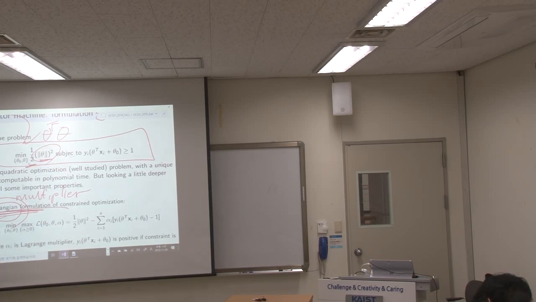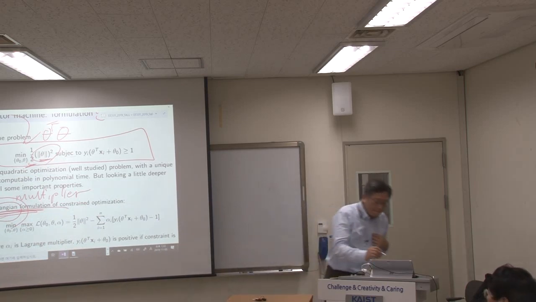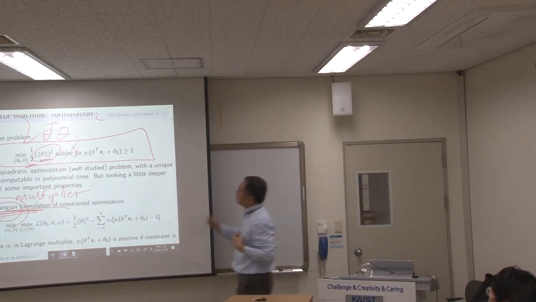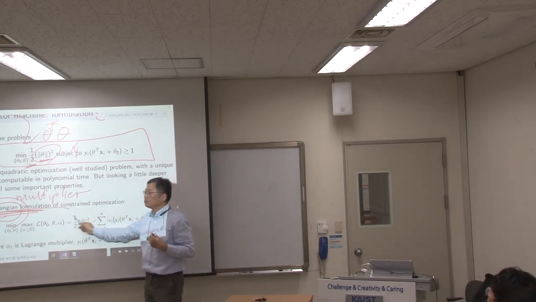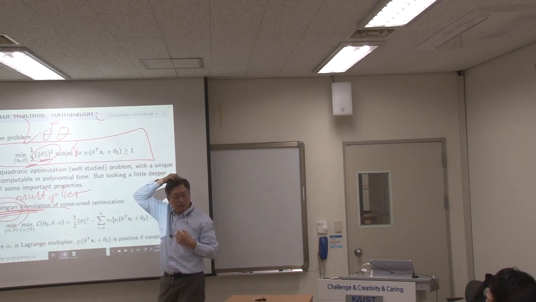Now I'm going to put this thing together like that. How many constraints do I have, first of all? I have N training data, so I have N constraints.